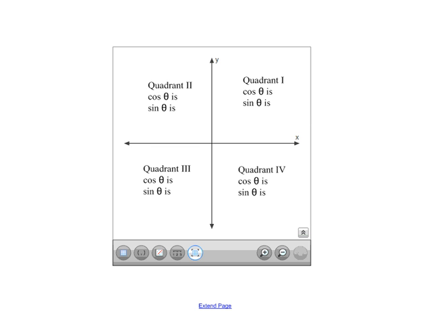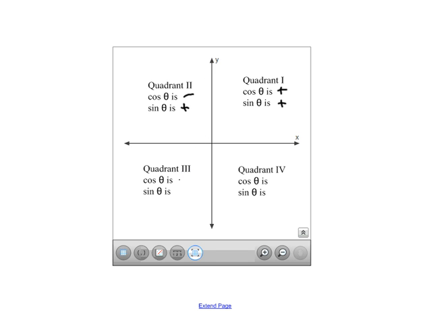Let's go over the quadrants real quick, and how cosine and sine relate in each quadrant. In the first quadrant, cosine is positive and sine is positive, because the x-coordinate is positive and the y-coordinate is positive. In the second quadrant, cosine is negative because the x-coordinates are negative, and sine is positive because the y-coordinates are positive.